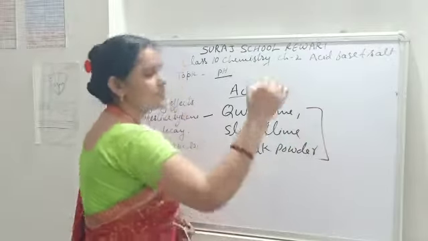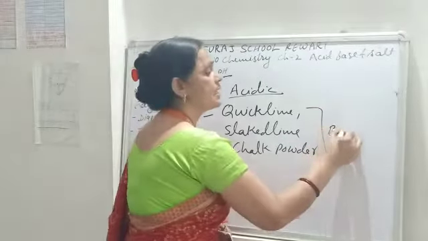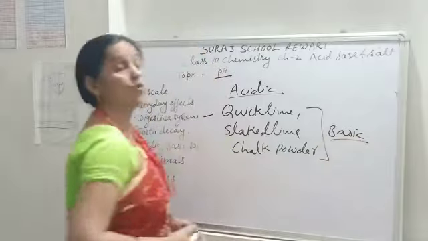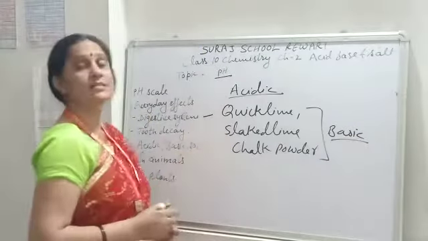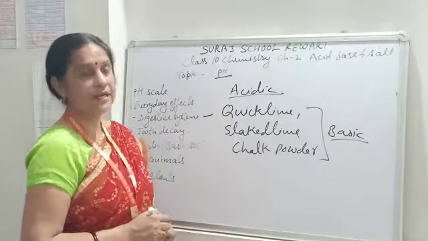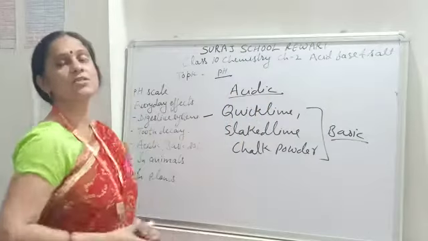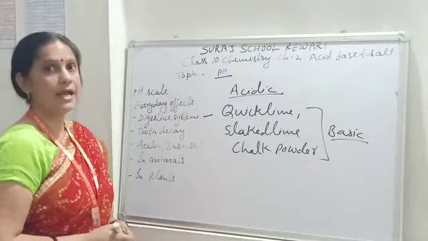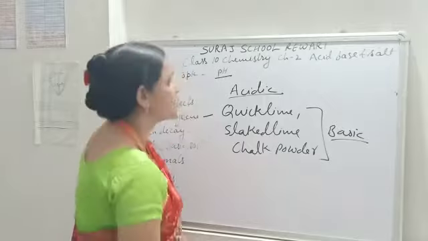All these substances are basic in nature. So when we spread these basic substances in the acidic soil of a field, it neutralizes the pH of the soil and it maintains its pH.